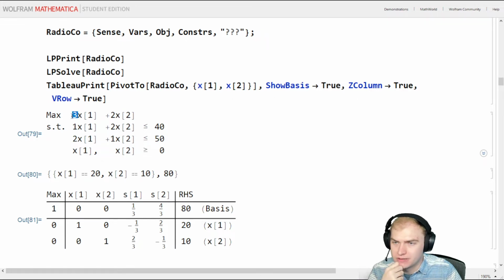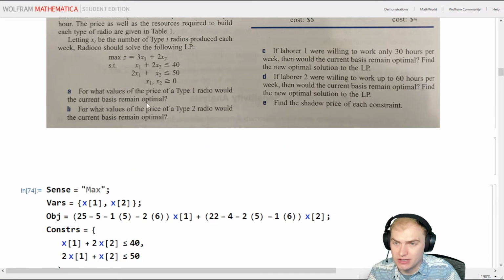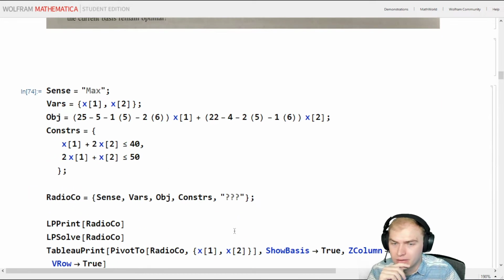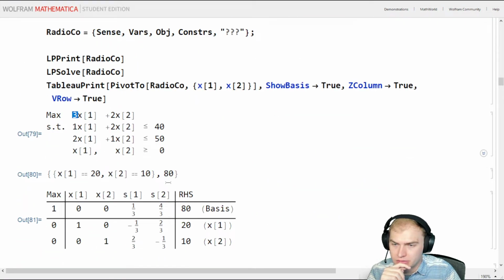Well, we still have a positive value for x1. Does the current basis remain optimal? Okay. So let's explore that.